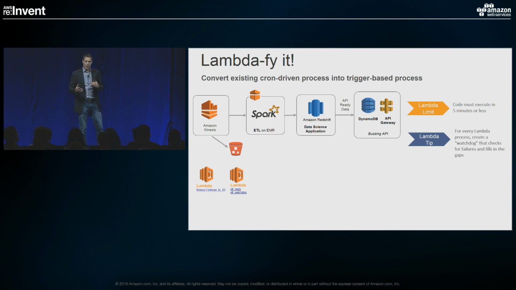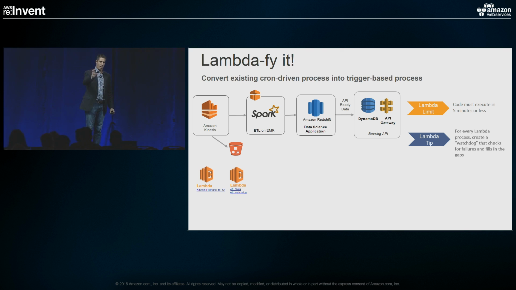So the first tip I have is that my team decided that we need to actually have a watchdog. If your process relies on data not having holes and having continuity, one of the tricks that we did was we added a second Lambda that's named almost the exact same name as the main Lambda, and we called it a watchdog.